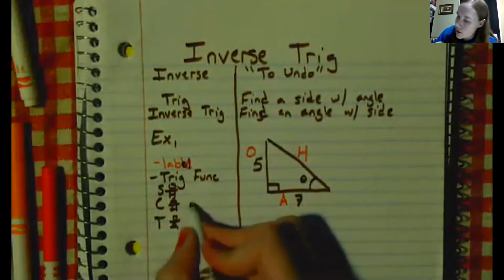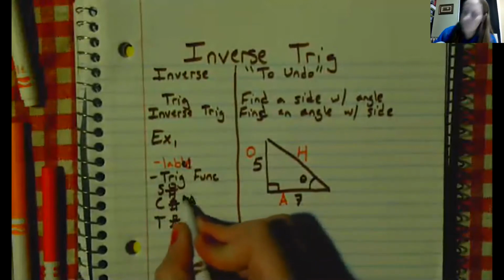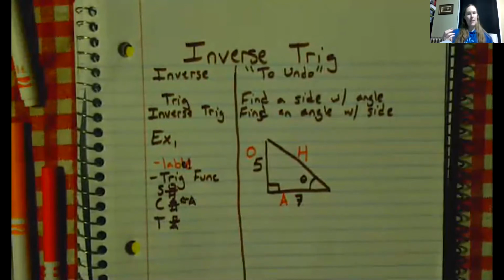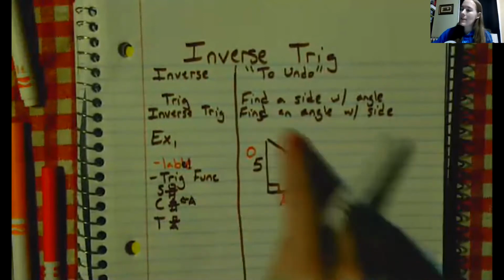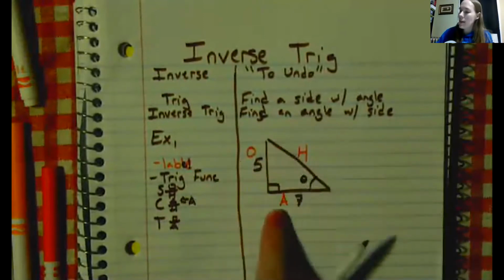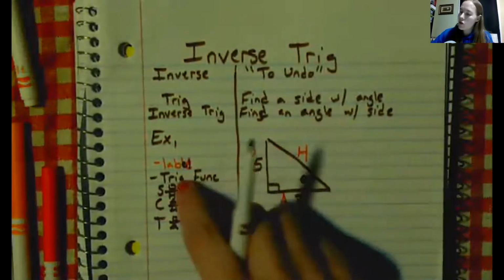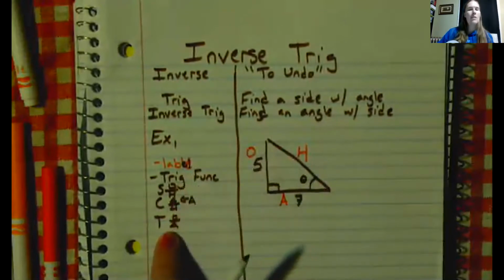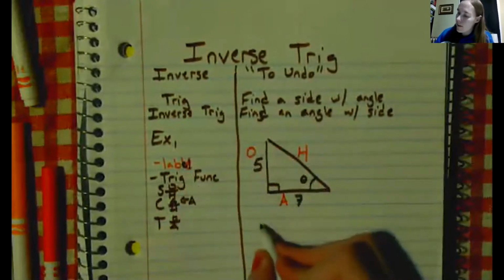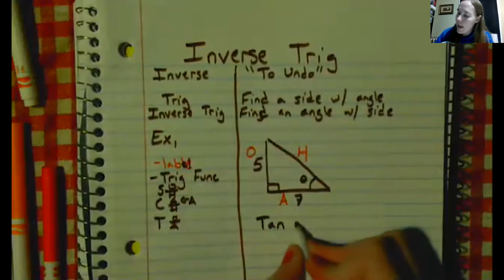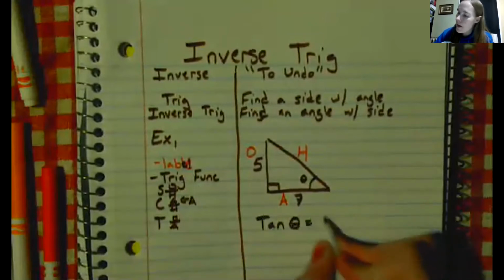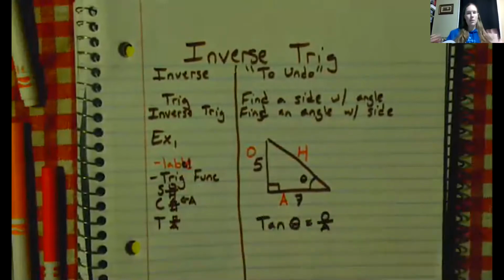In this case, the information given to us is an opposite and adjacent. So looking at our trig functions, it's our tangent that we're using. So we have the tangent of our reference angle is opposite over adjacent.